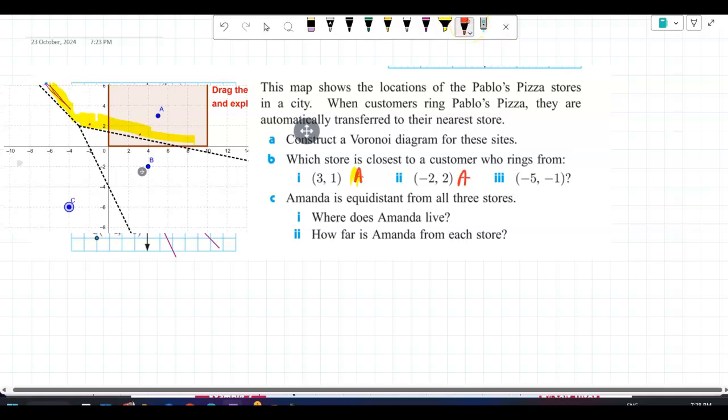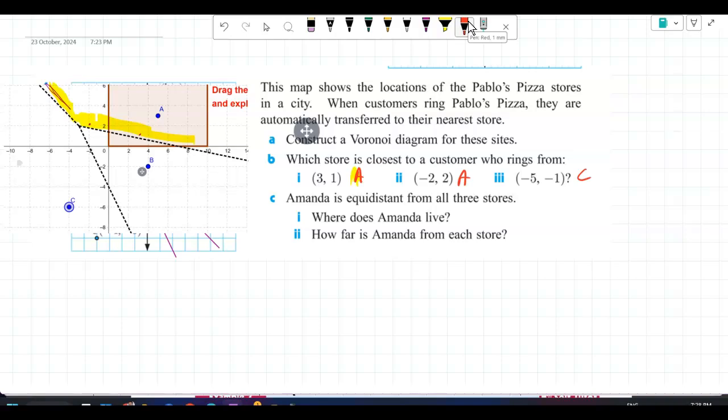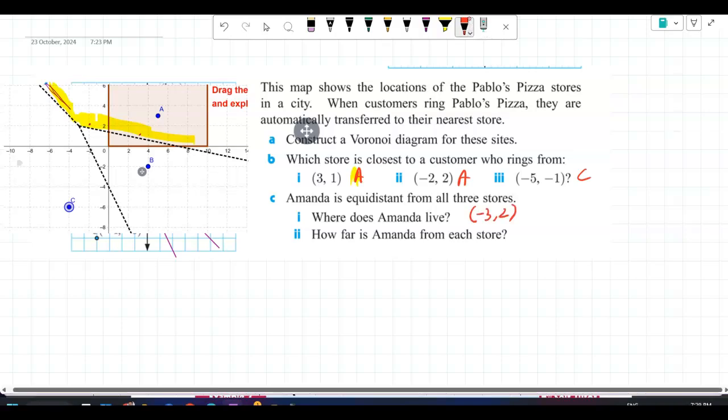Then, the point equidistant from all three is minus 3, 2. So where does it stay? Minus 3, 2. From each point, find the distance.